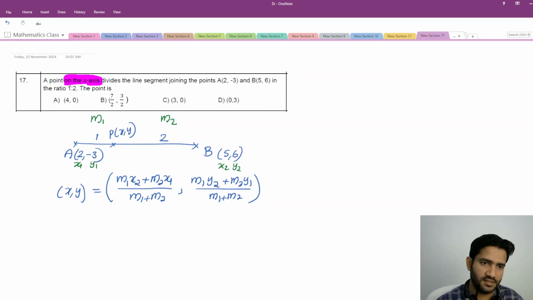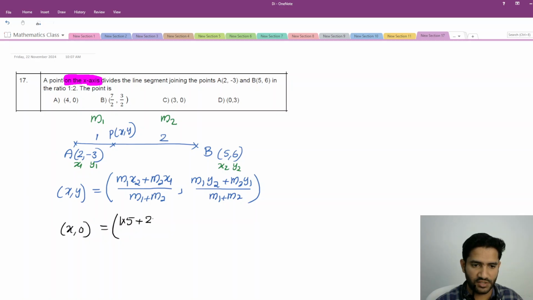But here on the x-axis means the coordinates will be (x, 0), so the second coordinate should be 0. The ratios are 1:2. So first ratio into second point plus second ratio into first point, divided by the sum of ratios.